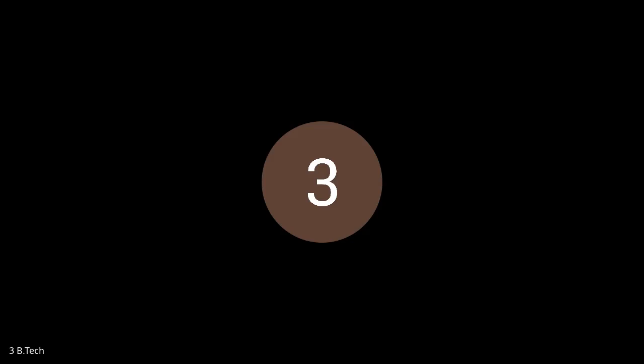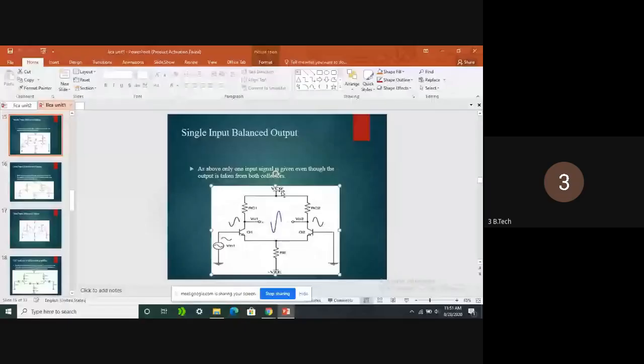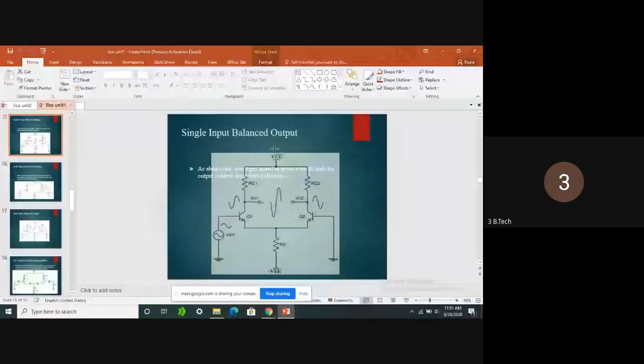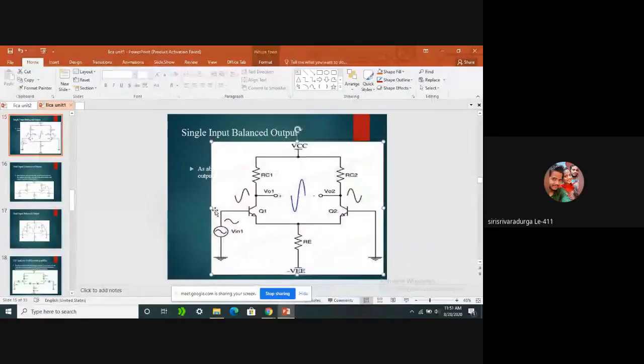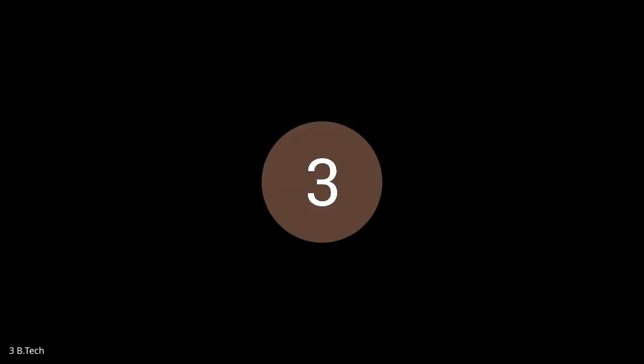See here, this is the differential representation of the differential amplifier. Is my screen visible to all? Yes, sir. See here, the Q1 transistor is one transistor, the Q2 transistor is another.